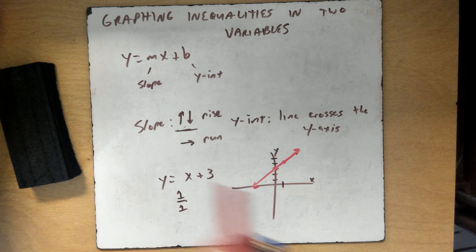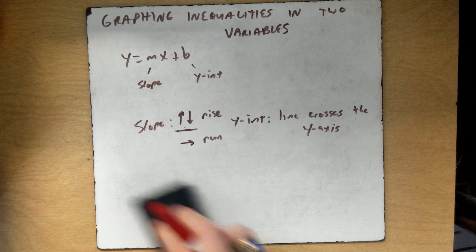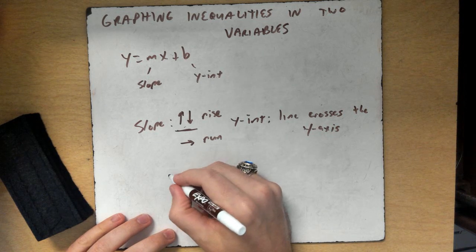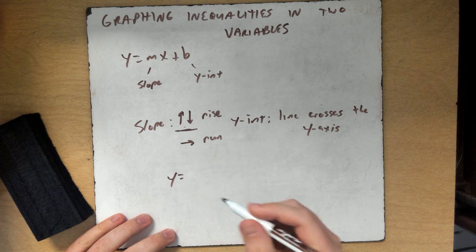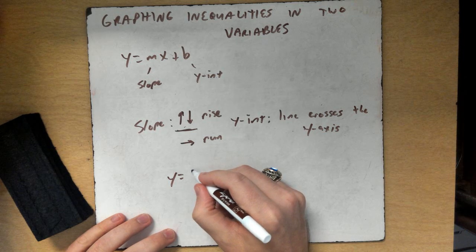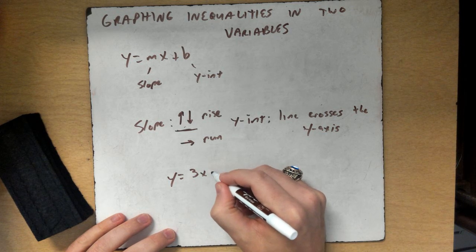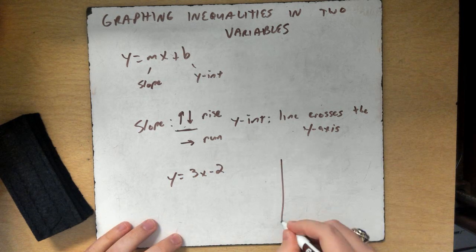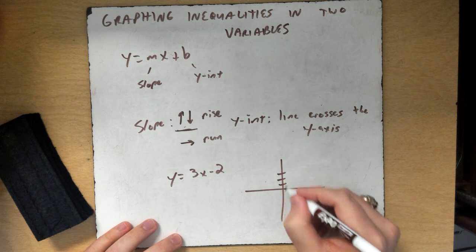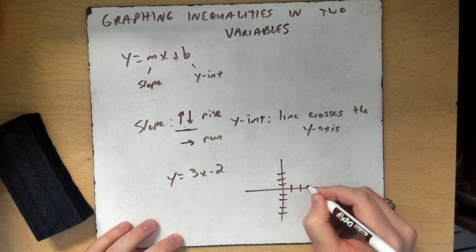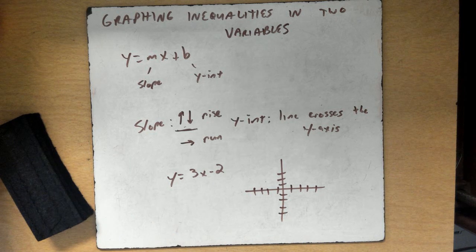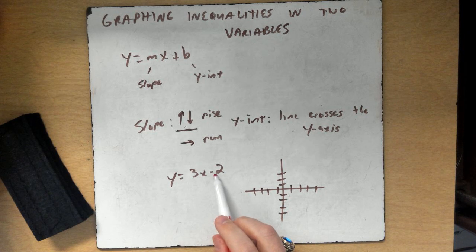Another example. Say I have y equals 3x minus 2. Once again, I'm going to start with my y-intercept, which is negative 2. It's that negative in front, so negative 2.